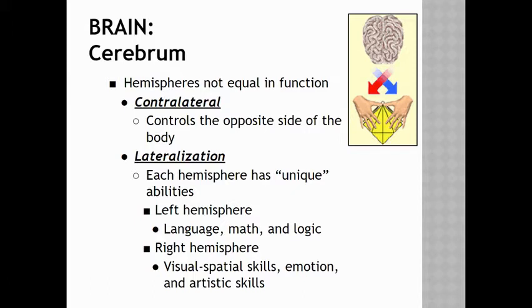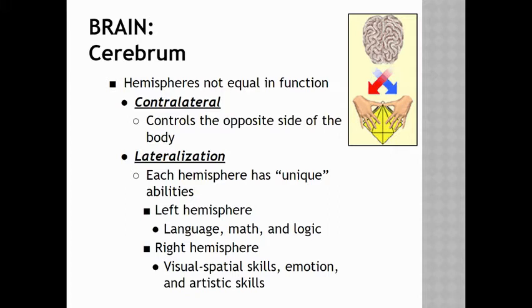The hemispheres also exhibit lateralization, and this means that each hemisphere has unique abilities. The left hemisphere seems more responsible for language, math, and logic, while the right hemisphere appears more responsible for visual spatial skills, emotion, and artistic skills.